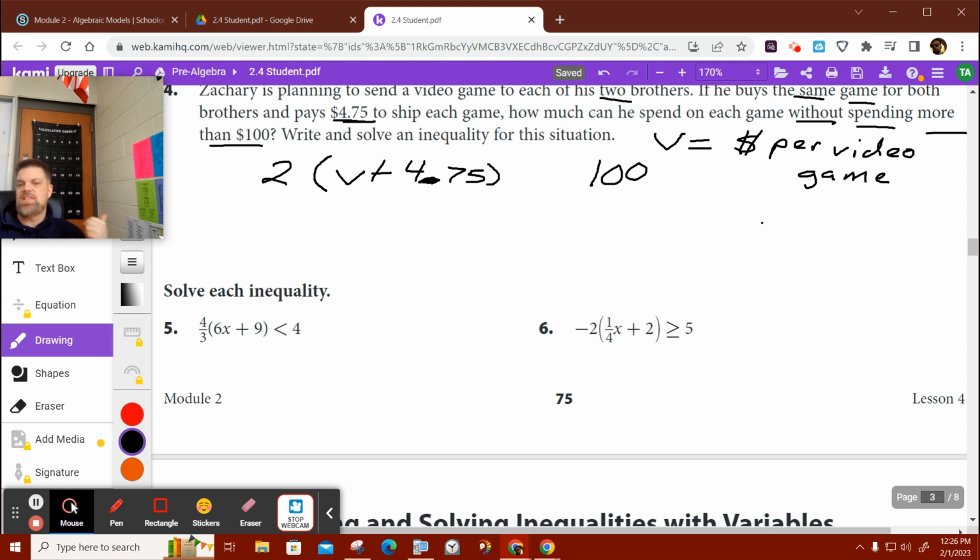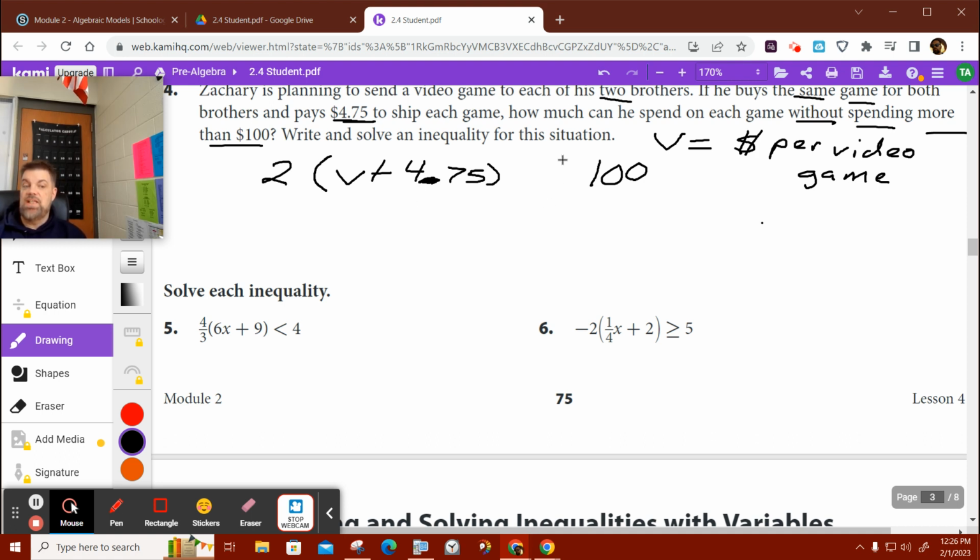We got to decide if it's less than or greater than. So just think of a number and then ask yourself if it's more than 100. So 40, is that more than 100? No. And it says without spending more than 100. Is 40 less than or greater than 100? Less than.